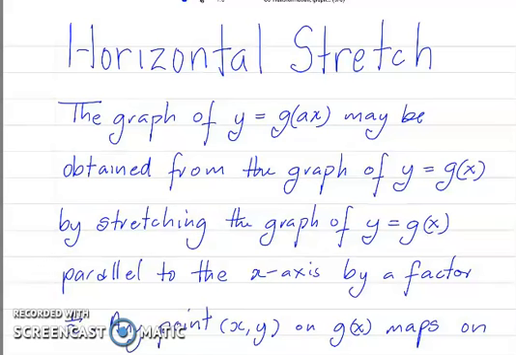This says horizontal stretch. The graph of y is equal to g of a plus x may be obtained from the graph of y is equal to g of x by stretching the graph of y is equal to g of x parallel to the x-axis by a factor of 1 over a.